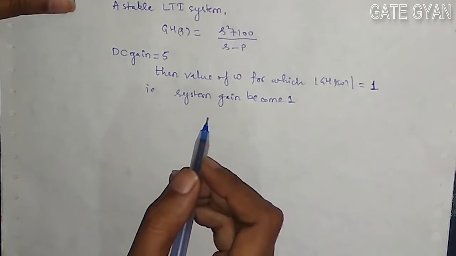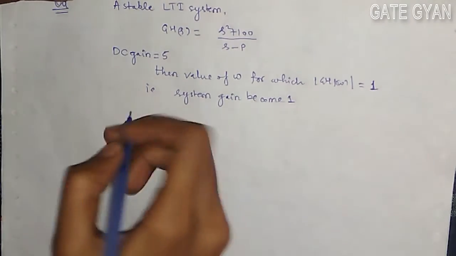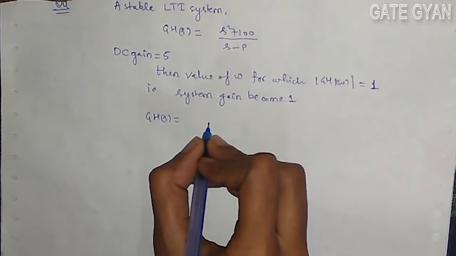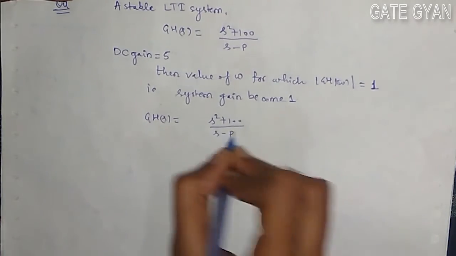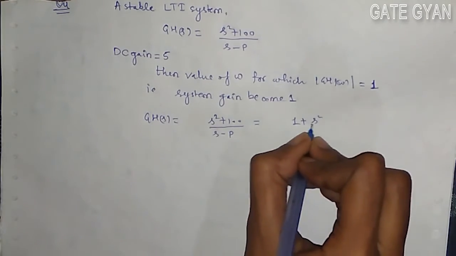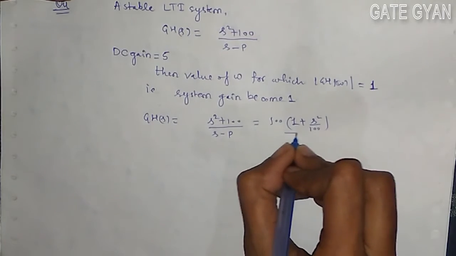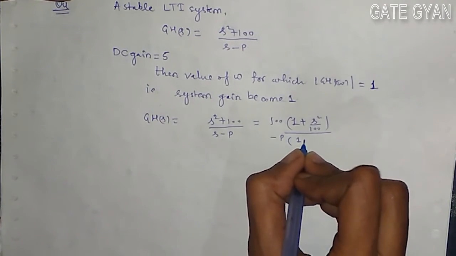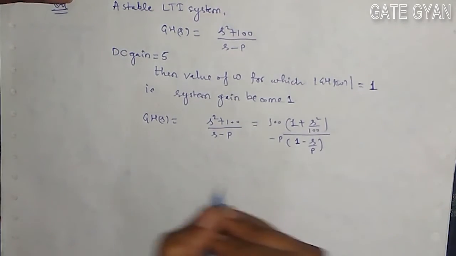and phase margin method. First of all, we'll convert this open loop gain into time constant form to get the DC gain. So (s square plus 100) upon (s minus p) we'll write in terms of 1 plus s square by 100, as I am taking 100 common. Again I am taking minus p common, so it will become 1 minus s by p.